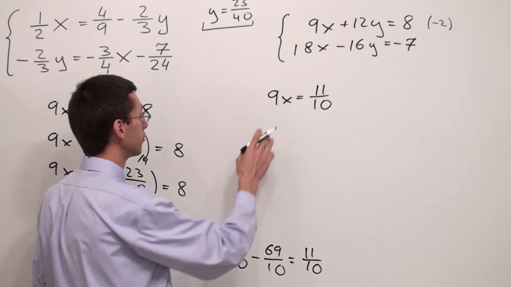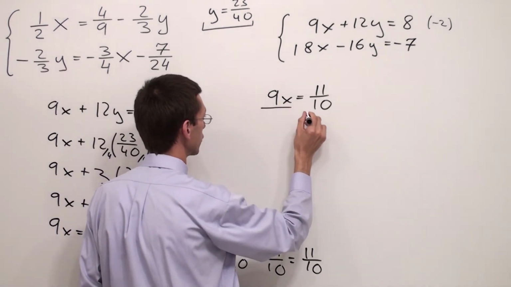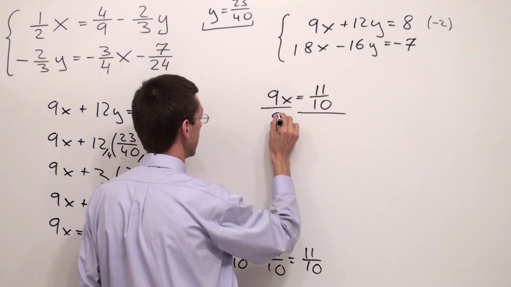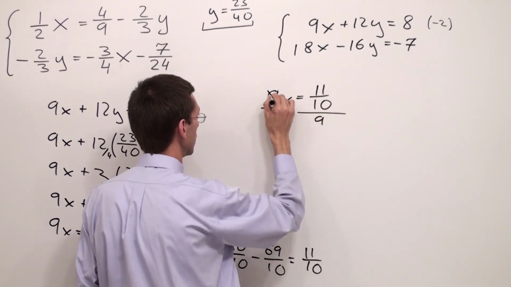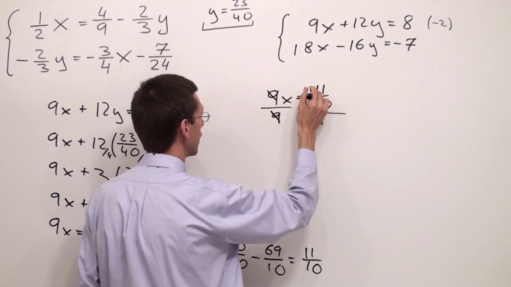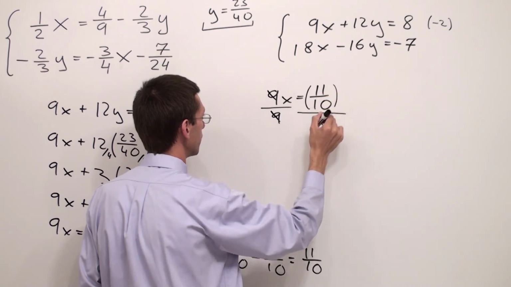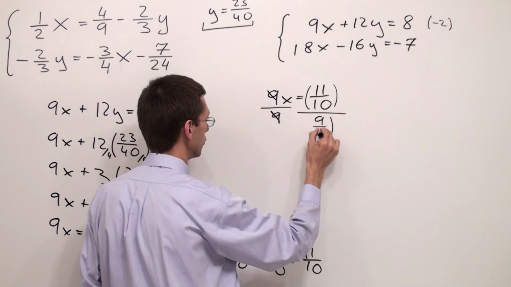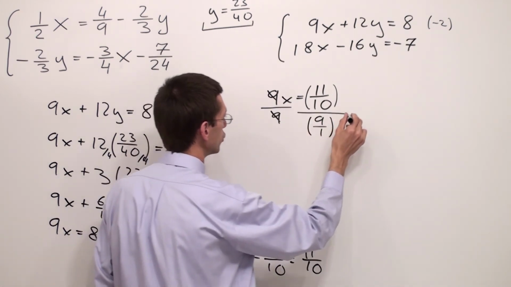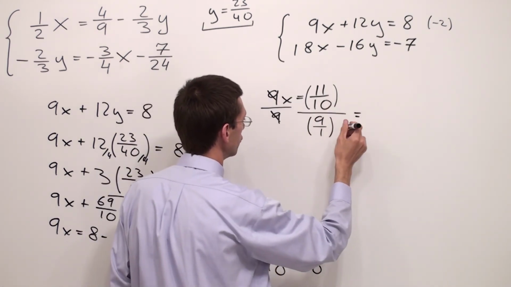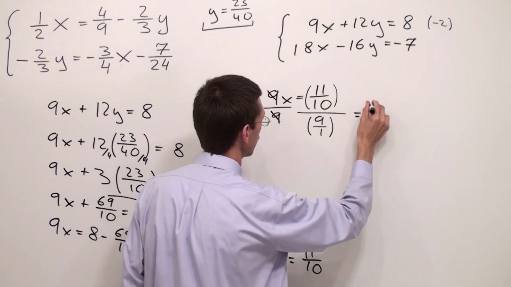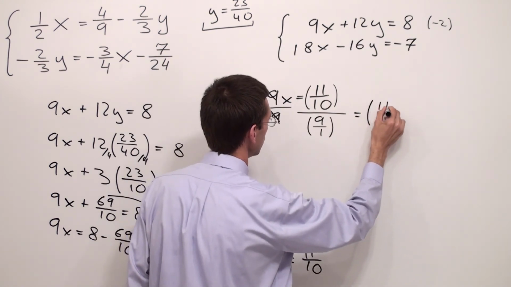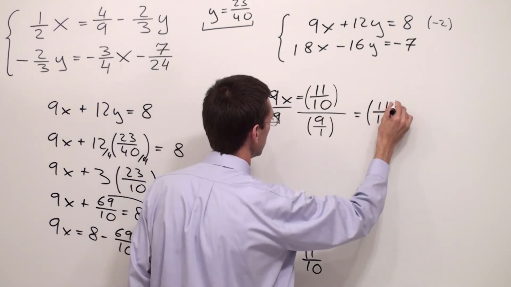In order to find the value of x, I have to divide both sides of my equation by 9. Because I have a fraction on the right side, I'm going to also make a fraction of the 9 by writing 9 over 1. We're supposed to divide two fractions. Remember, anytime you divide fractions, you're supposed to copy the first one down, 11 over 10.